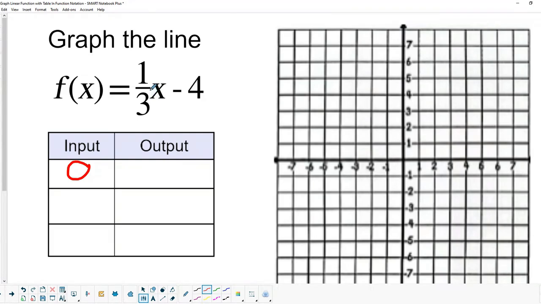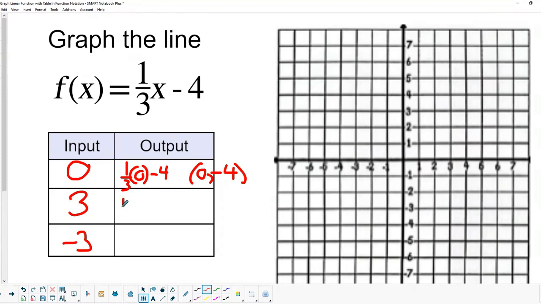So my next number is going to be 3, because that's divisible by 3, and then I could also put in negative 3. So let's figure out what that would be. 1/3 times 0 minus 4 would give us 0 comma negative 4.